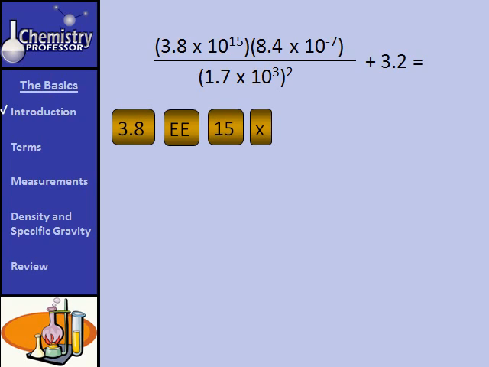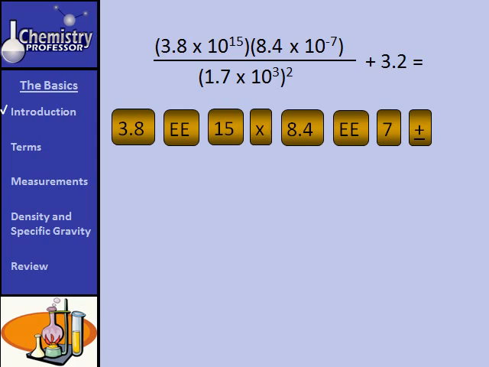Then put in multiply 8.4 EE, or whatever your exponent key is, 7, and then change the sign. If you put in your plus minus or your CHS key before you put in the 7, it may change the sign on the 8.4, and that's not what you want.